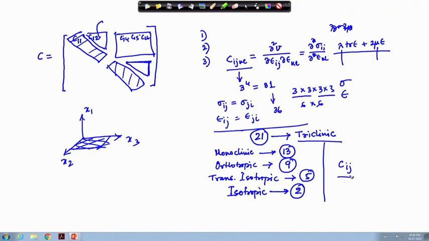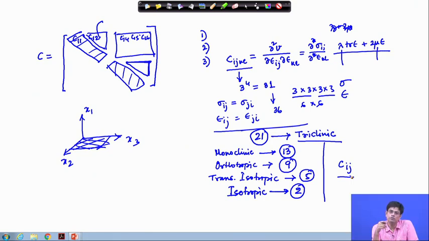These constants we derived from 3 different tests, tension and shear tests, for a 3D material, and for an orthotropic material, how the mathematical constants Cij and the engineering constants E1, E2, nu12 and so on are related.